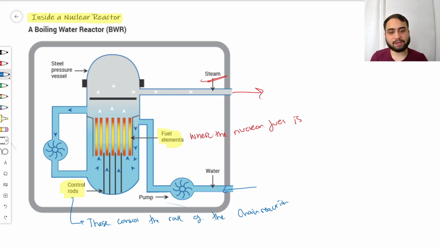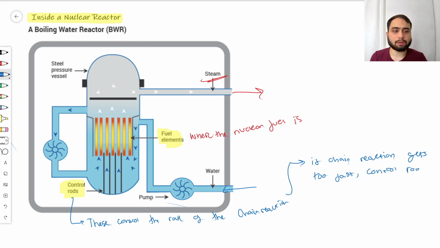When the chain reaction gets too fast, so let's actually write it up here a bit: if the chain reaction gets too fast, control rods are lowered. Now, what does that do?